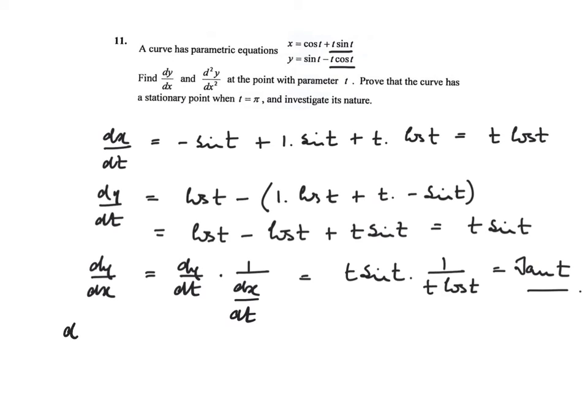Now d2y by dx squared is d by dx, I beg your pardon, it's d by dt, dy by dx times dt by dx.